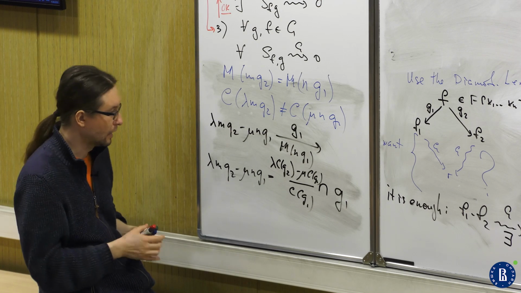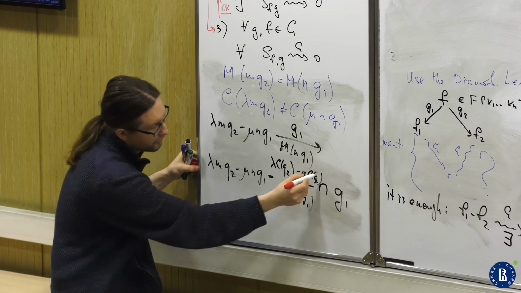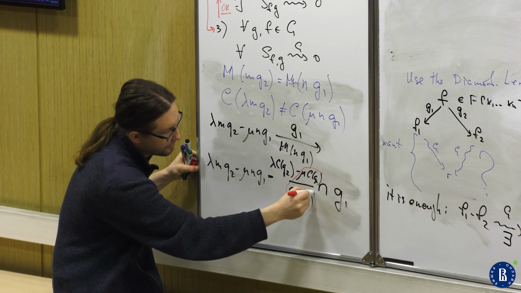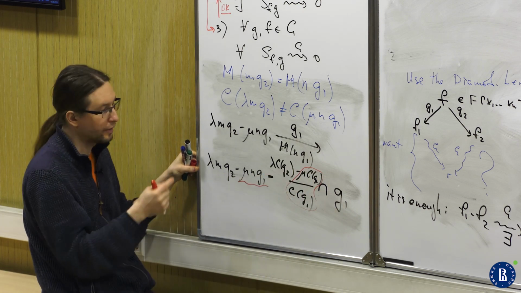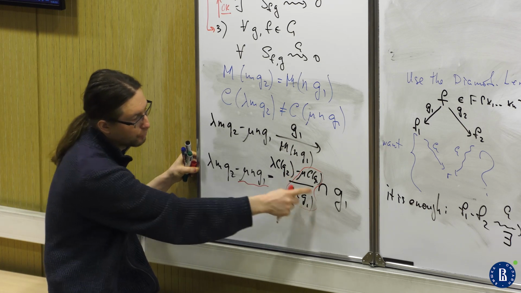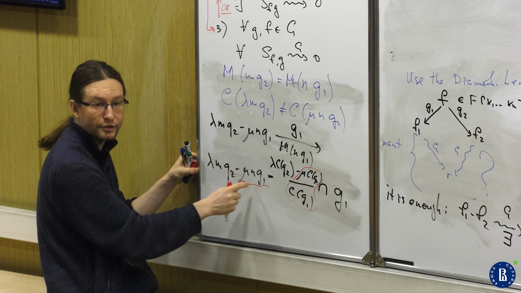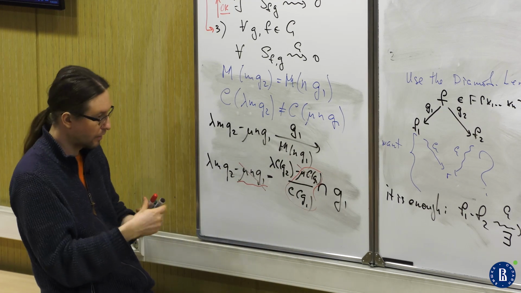Okay? But now, you see, when you take this part of the fraction and this thing, they cancel each other, because here with 2 minuses you will get plus mu n G1, and here minus mu n G1. So this thing and this thing cancel each other.